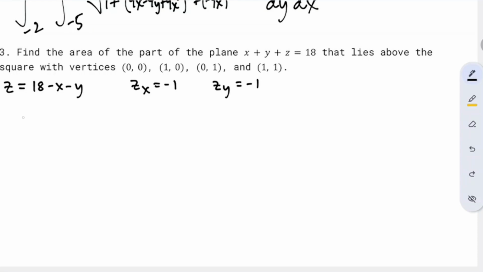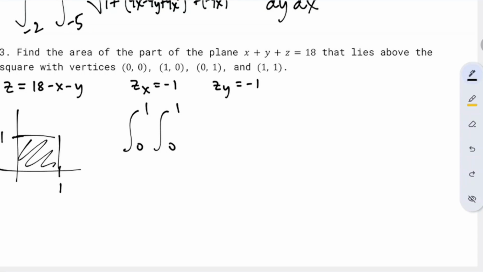So when I go to integrate, if I look, this is kind of a unit square. Okay, there's my region of integration. The square root of 1 plus zx squared plus zy squared, dx and dy. Okay, that's the square root of 3. I can factor that out.